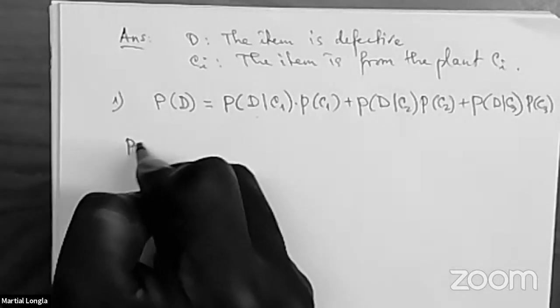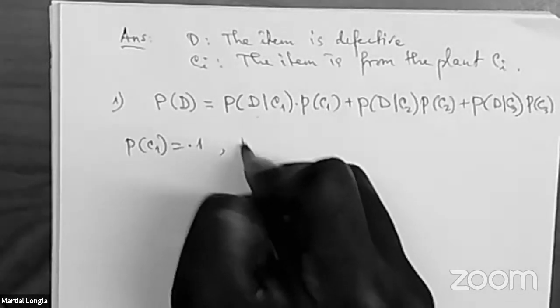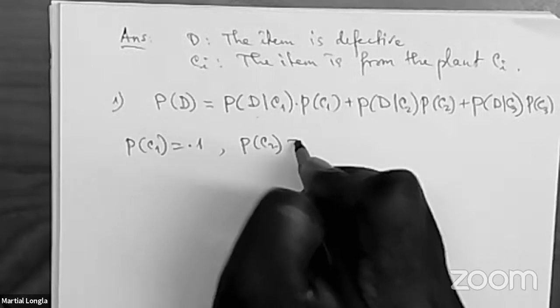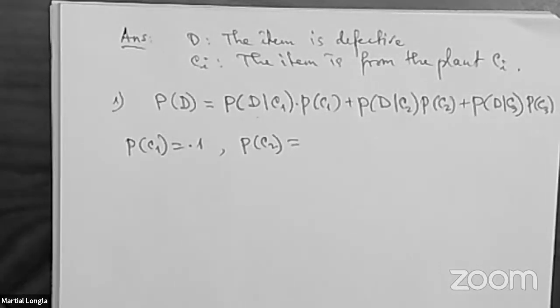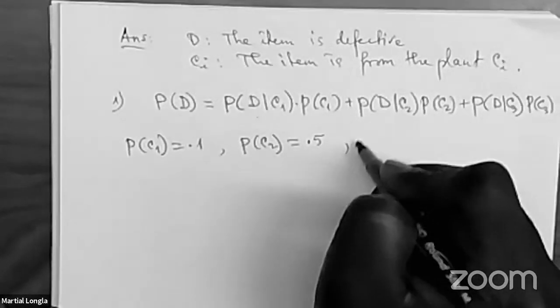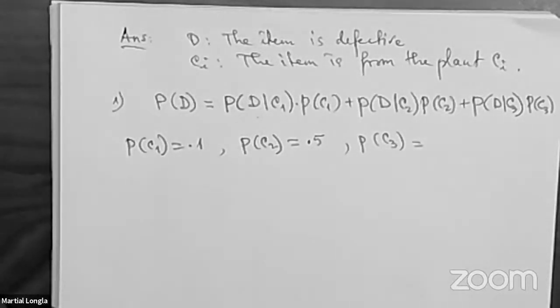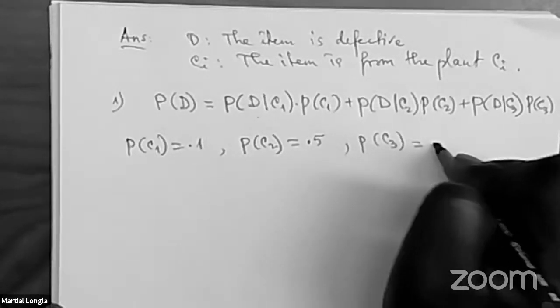So P of C1 equals 0.1. P of C2, the problem says 50% at plant 2, so that is 0.5. And P of C3, it says 40% at plant 3, so that is 0.4.